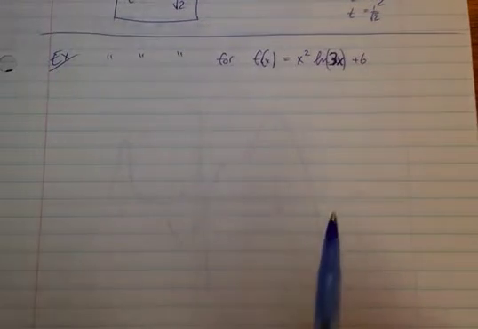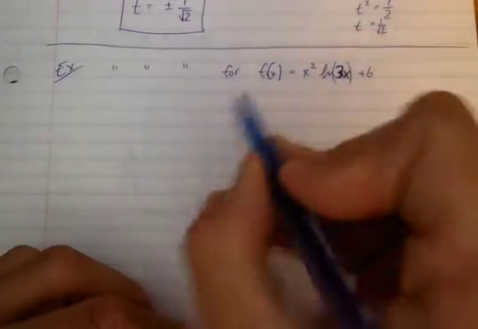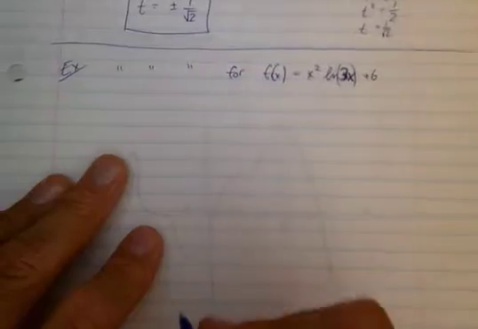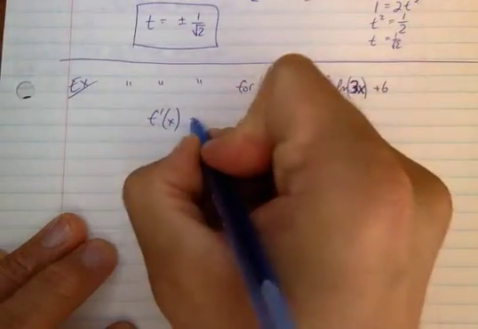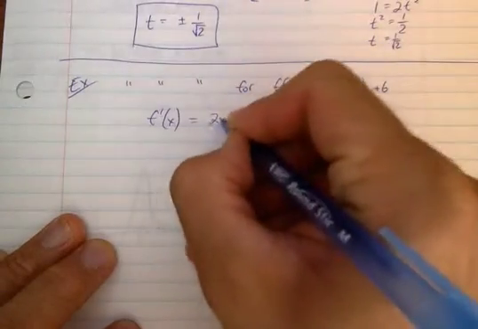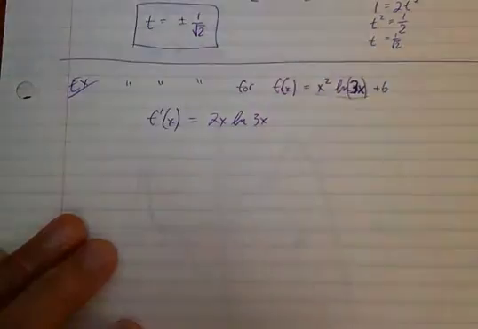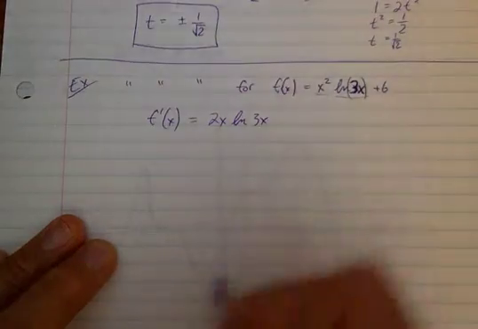What about, this is the last one in this little section, f of x equals that. Well, let's see what we get. F prime of x equals, this is our f, this is our g, so we have 2x times the natural log of 3x, and then plus 6 goes to 0.